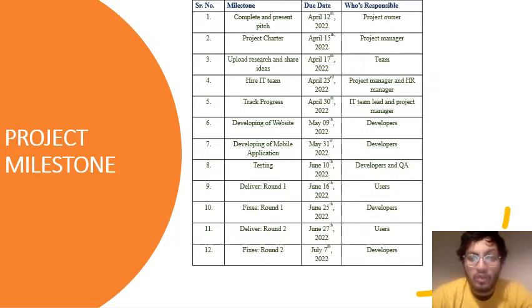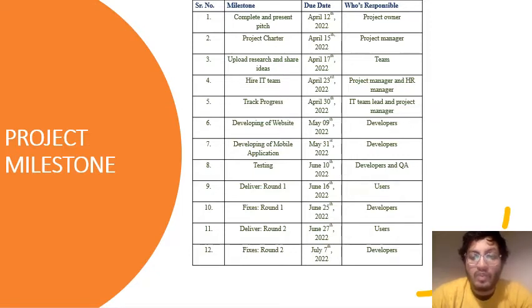Now the development of the website goes under developers, and the mobile application also goes under developers. The due date is in the month of May. They have these 2 works, and they have 1 more month than other departments. Then developers and the quality assurance department have testing, and they have time till June 10th.